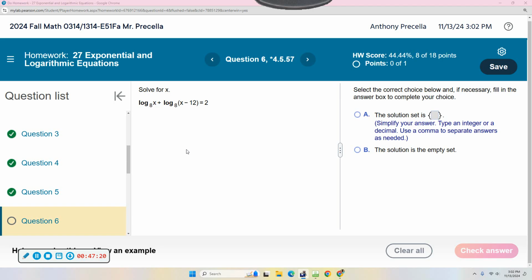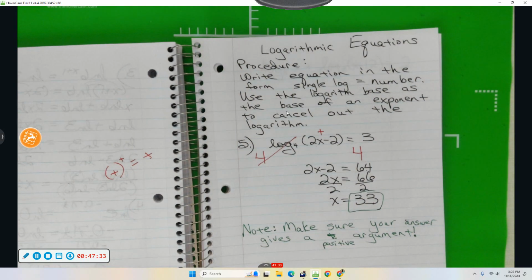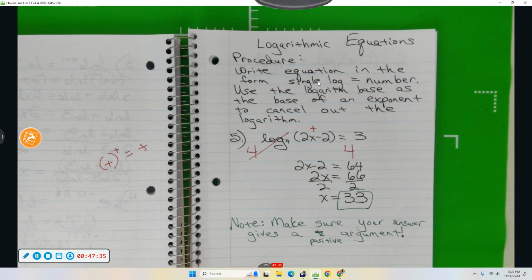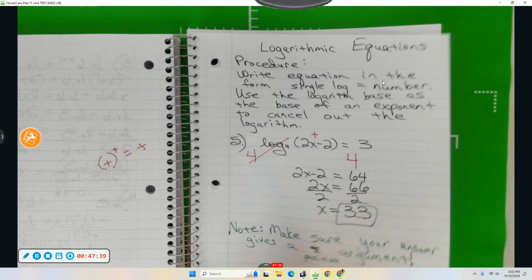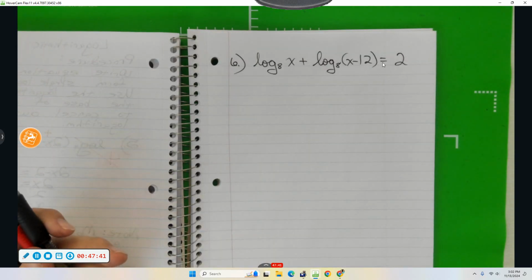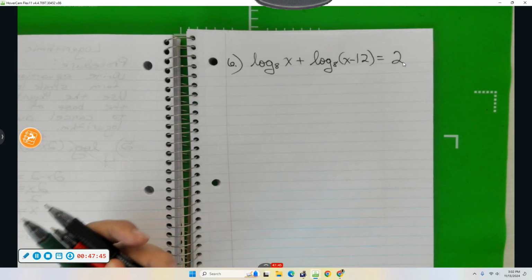We need our equation in the form single logarithm equals a number. Well, we have the equals a number part right there, but we don't have a single logarithm.